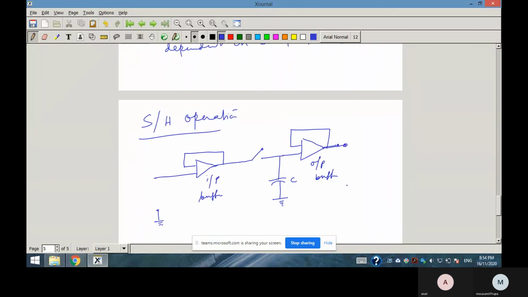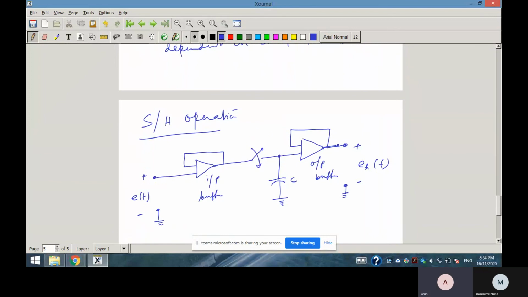So this is your, suppose, e_h(t), the hold output, and this is your input voltage. Okay, so this is a switch. This is known as the sampler.